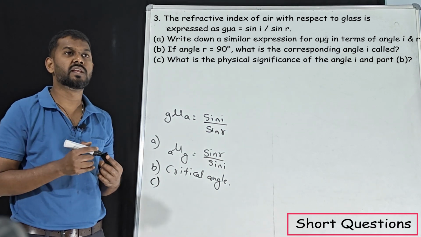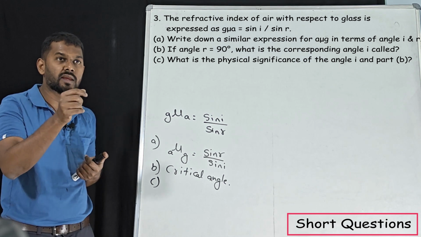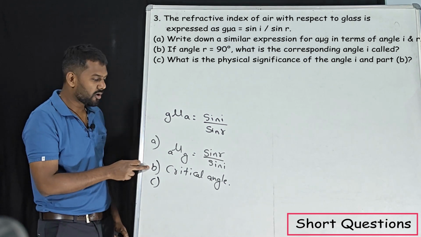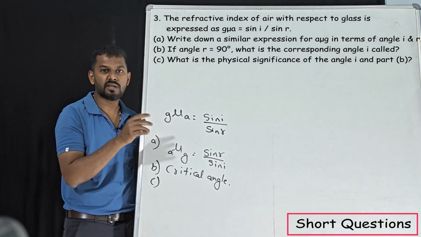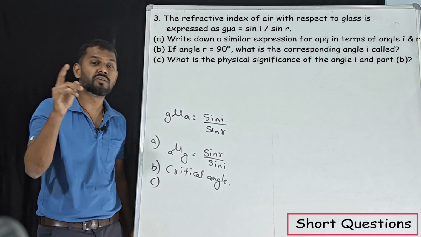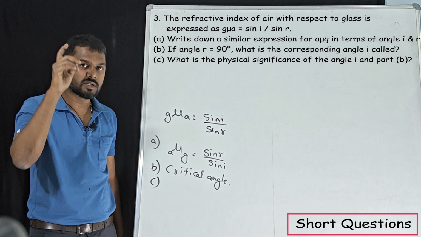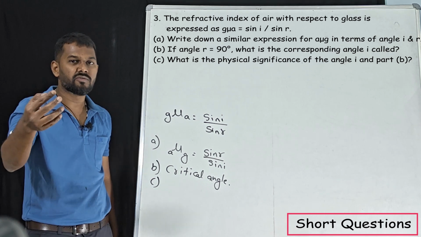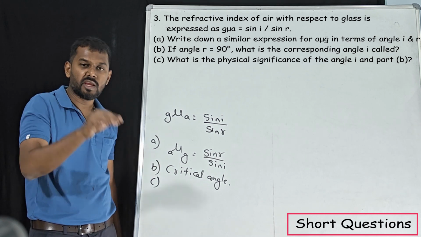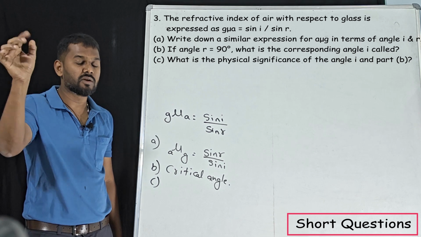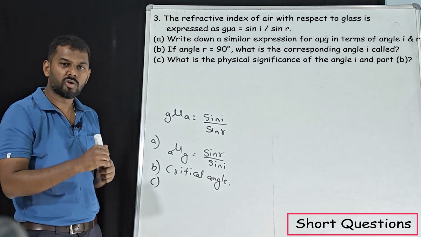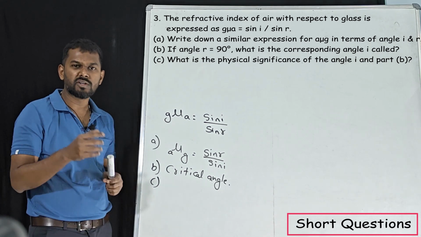Next one, third sub question. What is the physical significance of angle I in part B? Whenever they are talking about physical significance, that means they are talking about total internal reflection. Keep this in mind. So to get total internal reflection, what should happen?